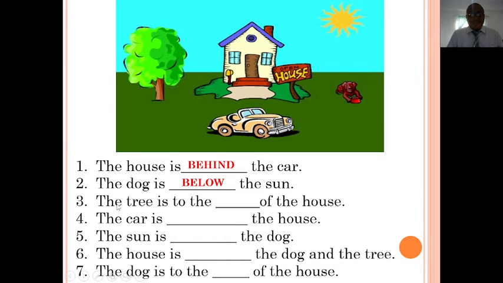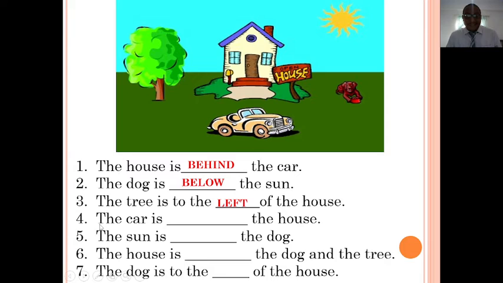Number 3, the tree is to the of the house. So where is the tree? The tree is to the left of the house. The tree is to the left of the house.